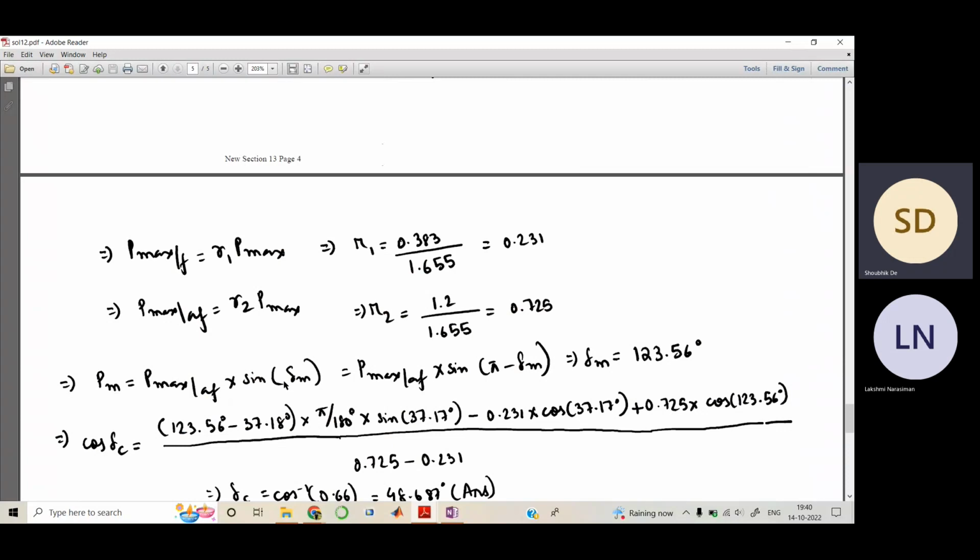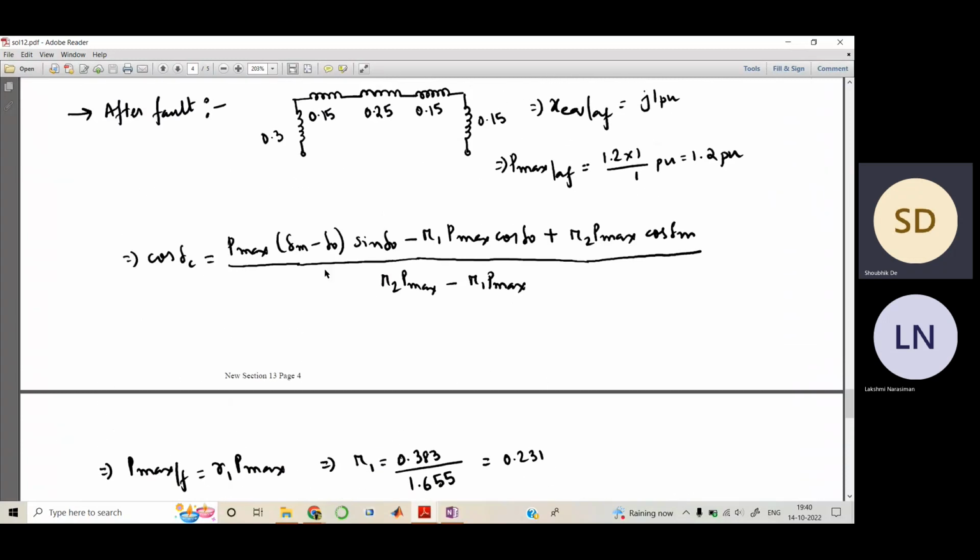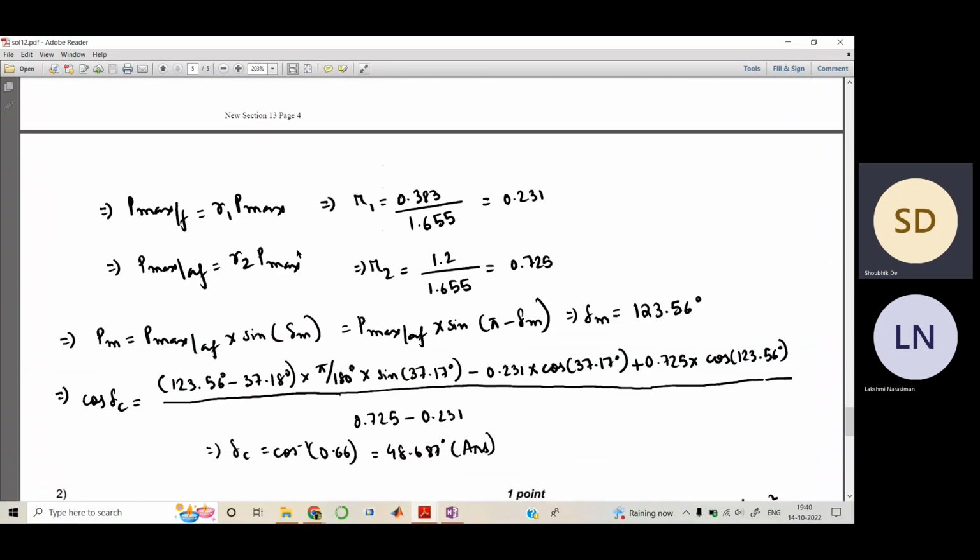Now we have to calculate delta M, which is the rotor swing. As you know, sine theta is equal to sine of 180 minus theta, so our delta M comes out to be 123.56.